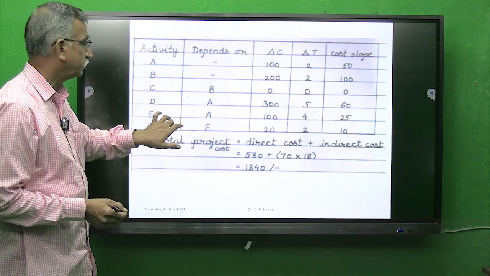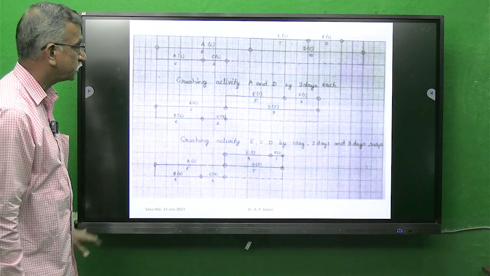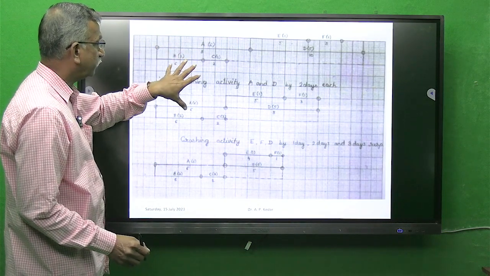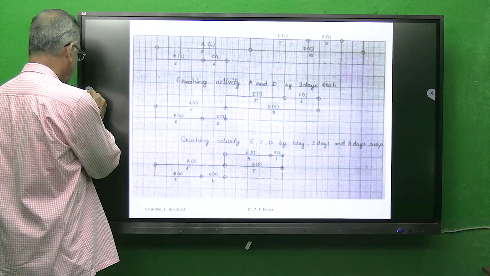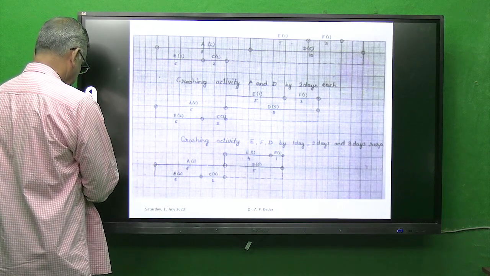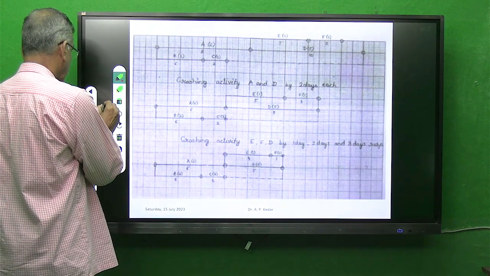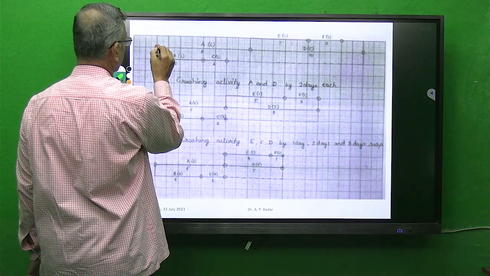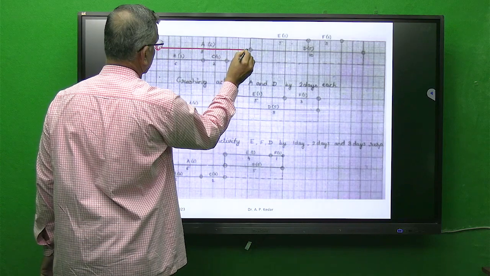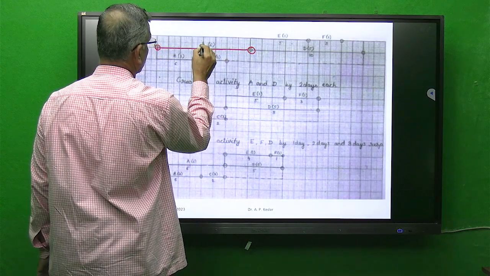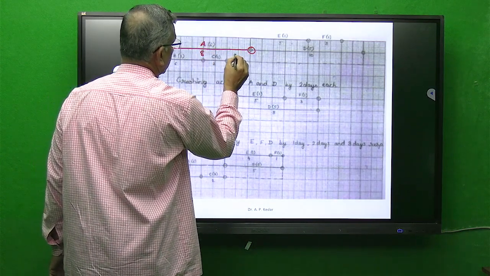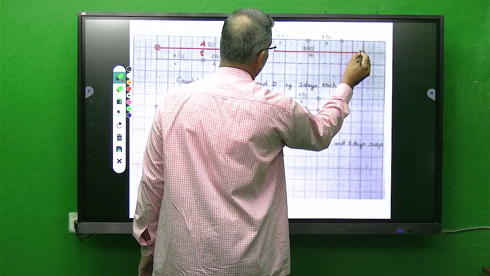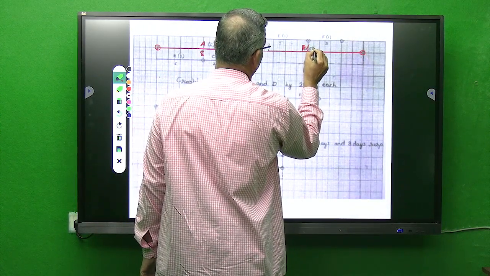See here now. This is the chart drawn. Here you can see the same network which we have drawn earlier. Here this is the critical path: 1, this is 2, A of 8, and this is D of 10.